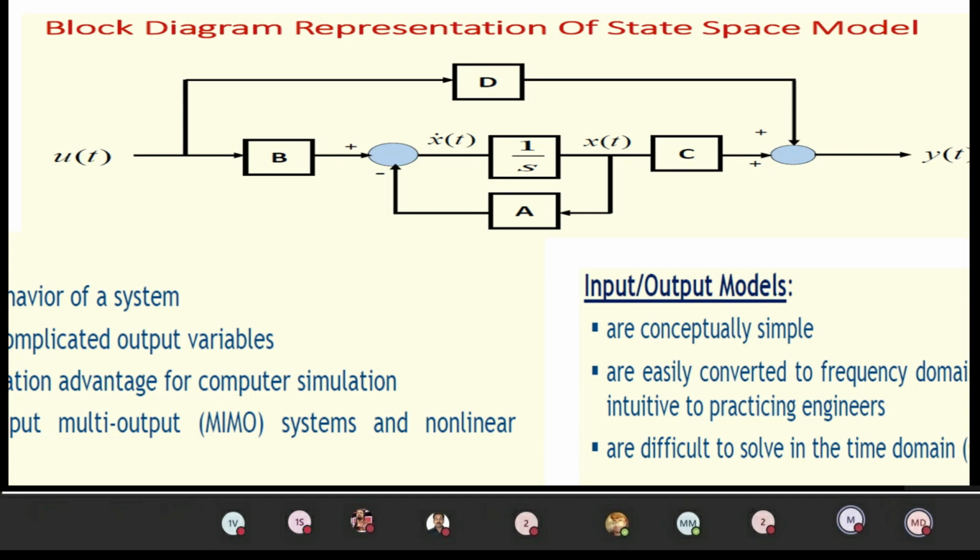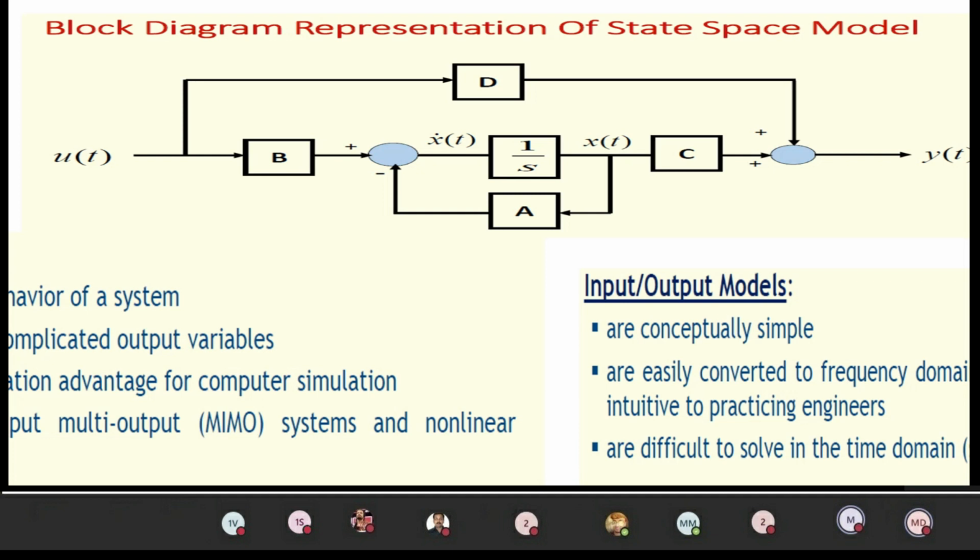The transfer function model is implemented only for single input single output systems with linear time invariant systems, but the state space model overcomes that disadvantage. The input output model is conceptually simple, and it is very easy to convert to frequency domain transfer functions.